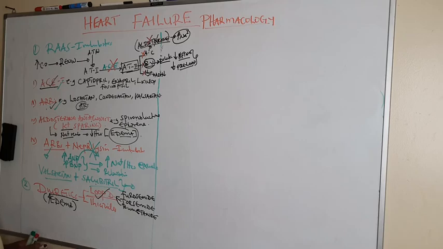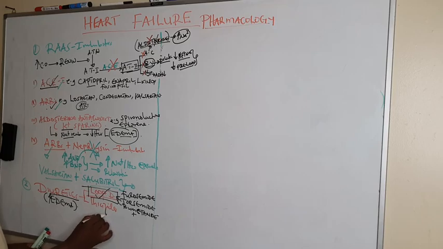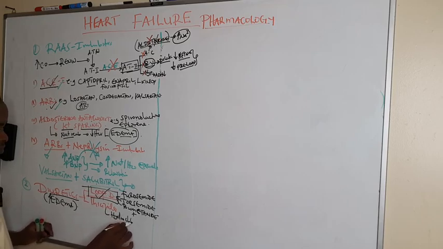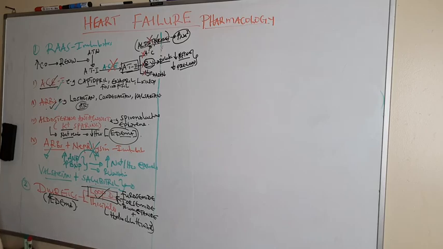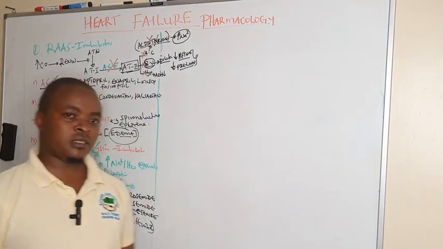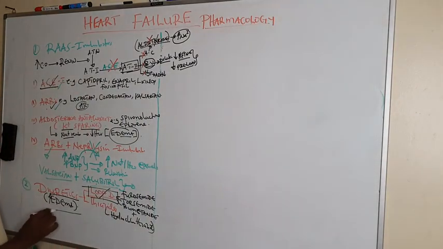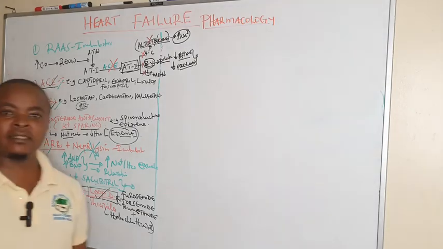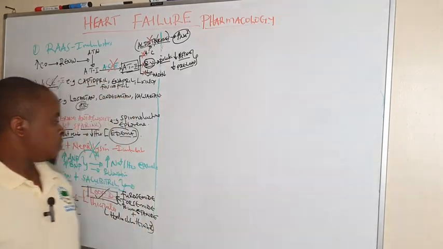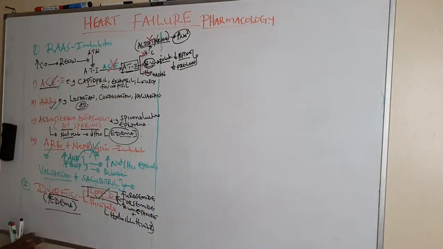The first line treatment is the loop diuretics, which sometimes you can easily combine with hydrochlorothiazide, which is a thiazide diuretic, but preferred are furosemide, torsemide, and bumetanide in the treatment of fluid retention in heart failure. So that is what we can talk about under loop diuretics.